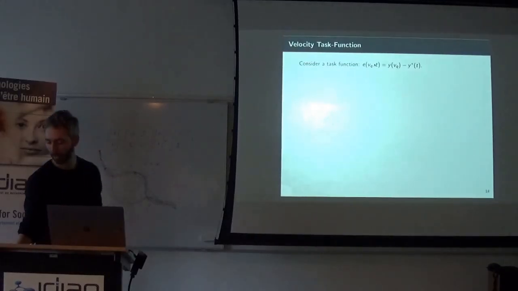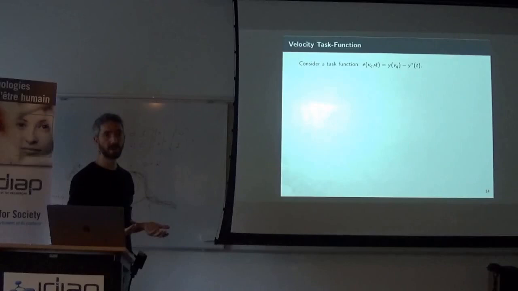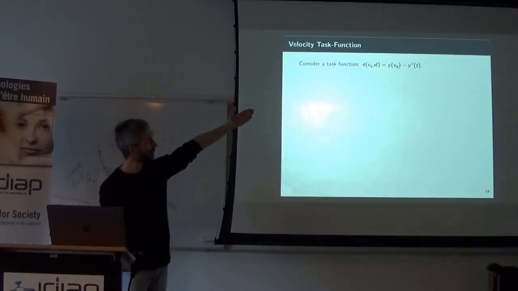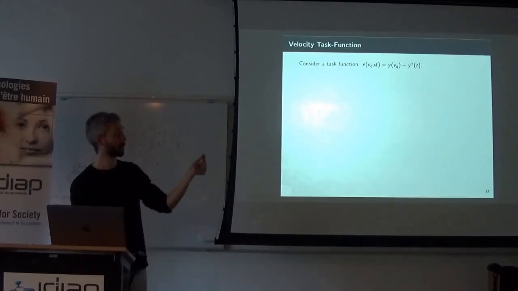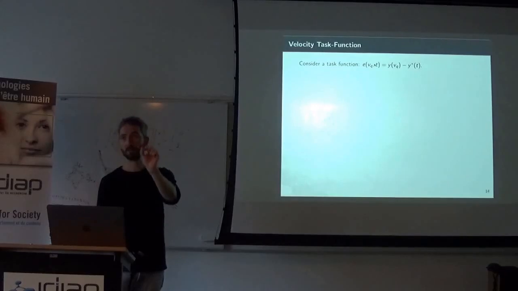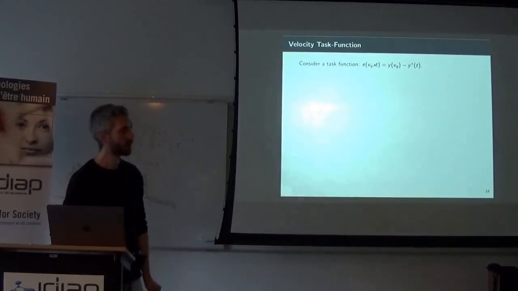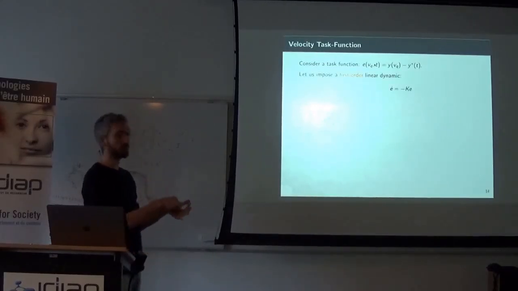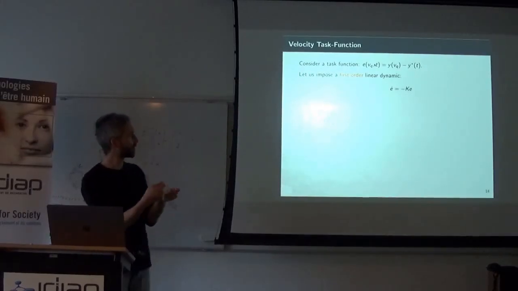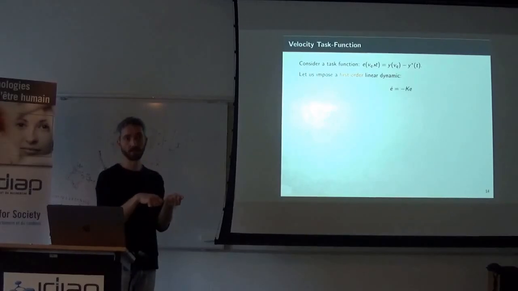Let's start with the case of a function of the velocity of the system. We have this error function e, which is nothing more than the difference between the output function y and the reference y star. Since we cannot change the error function instantaneously, we can only change its derivative.